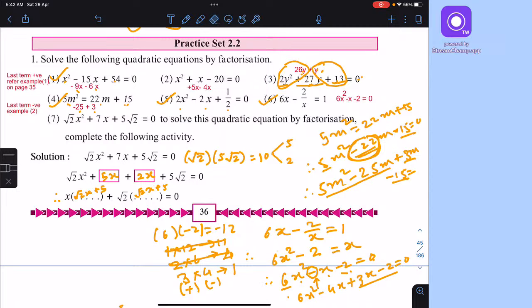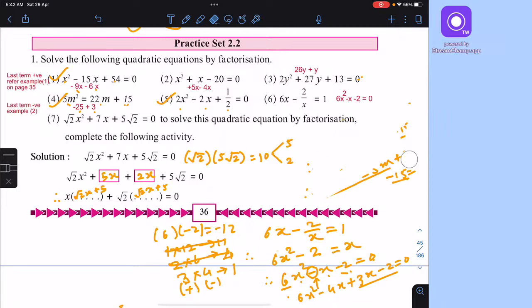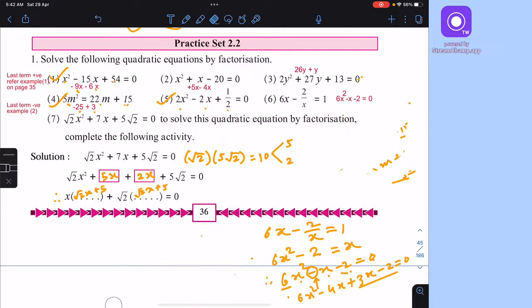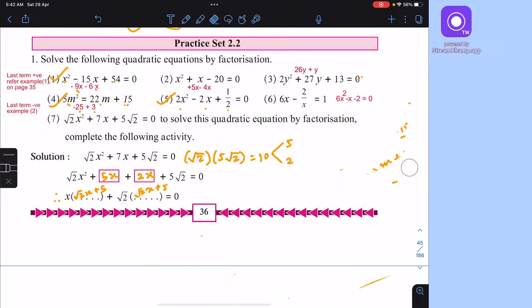Now let us go to example number 7. Root 2x square plus 7x plus 5 root 2 equal to 0.